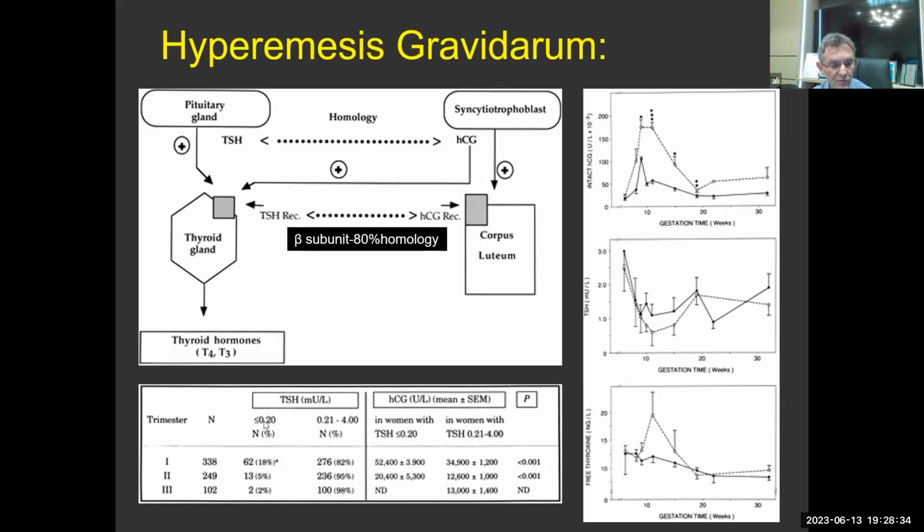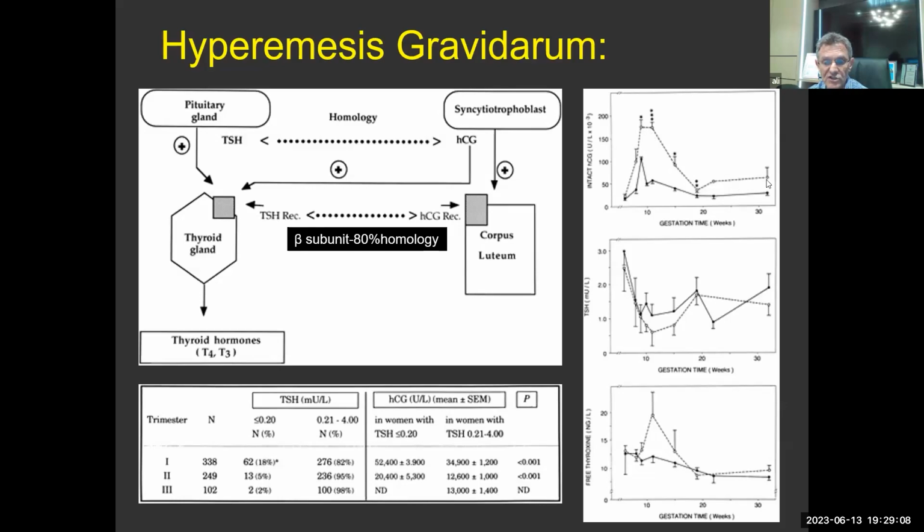And if you look at the bottom over here, you can see the prevalence of hyperthyroidism, that is suppressed serum TSH or mildly suppressed serum TSH in the first trimester, occurring in about 20%, but it can hang out to the second trimester, even the third trimester. If you look in the cartoon on the far right, you see gestation. You see in the dotted line the beta-HCG secretion going up in the first trimester and then coming down once the fetus is formed.